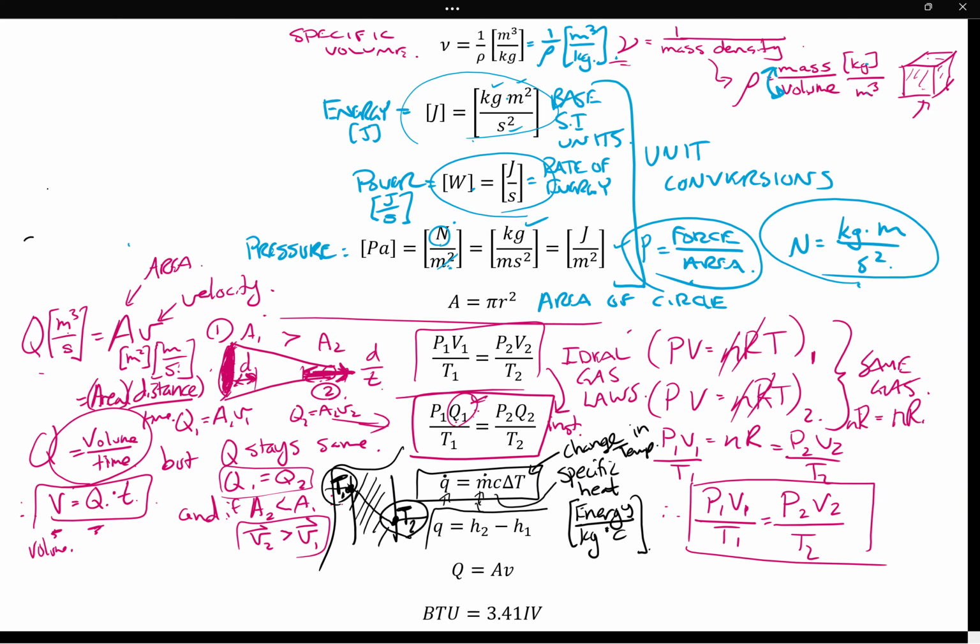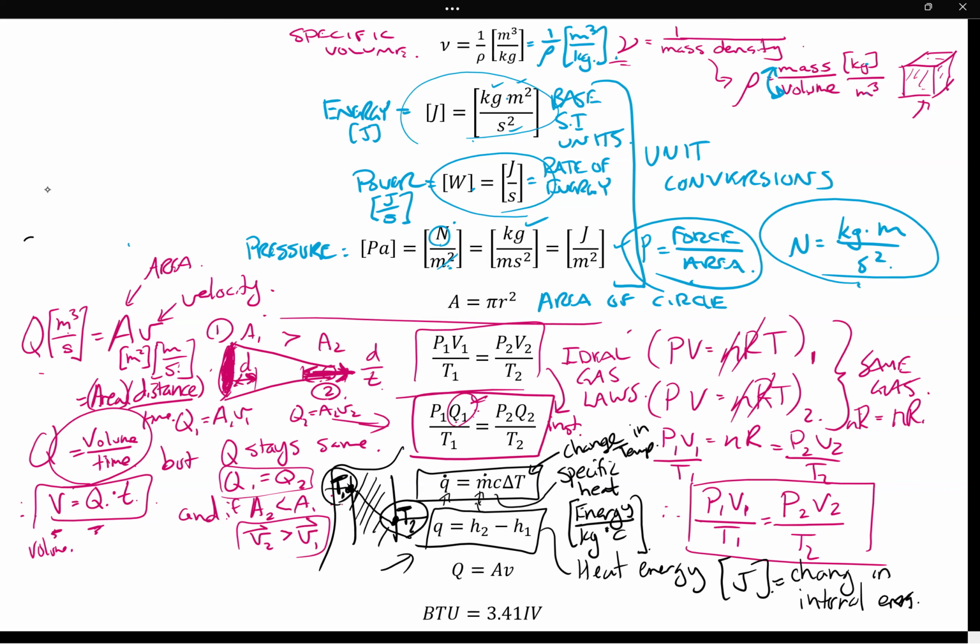Then we can also measure Q as heat energy. Of course, energy is always measured in joules, no matter what the energy is, as a function of change in internal energy.